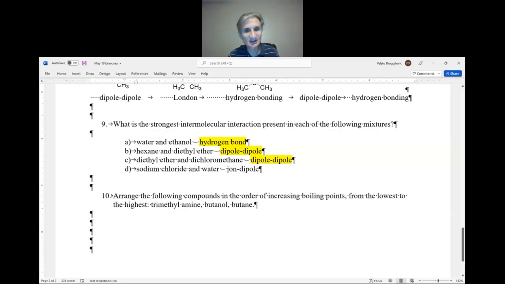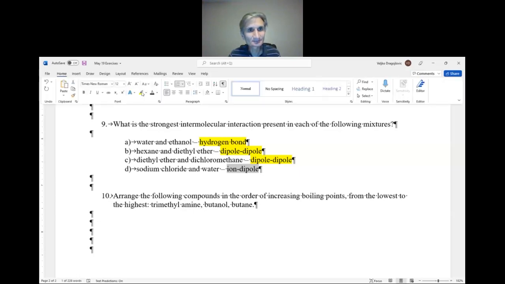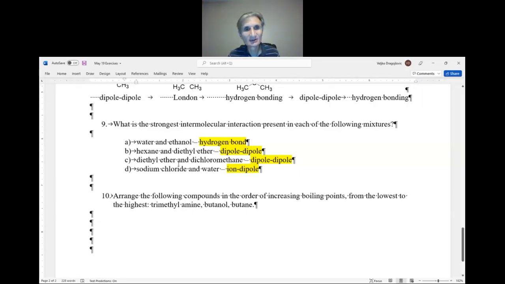These are very strong interactions, stronger than pretty much anything else you would encounter. So there is nothing to think about between sodium chloride and water. It's ion-dipole. Ionic compounds are only soluble in polar substances, then it's ion-dipole.